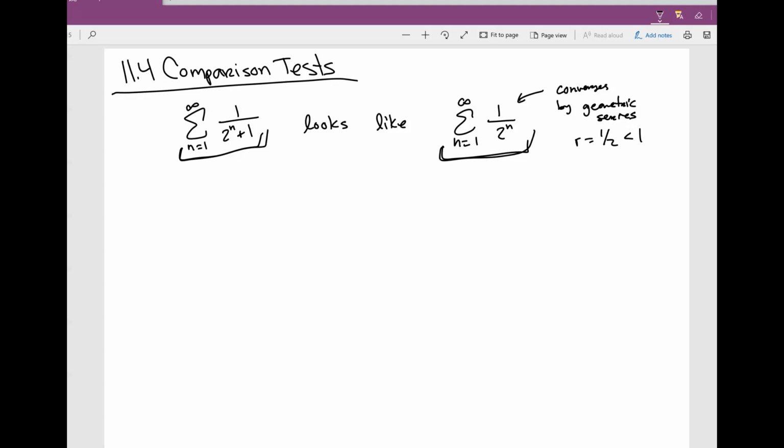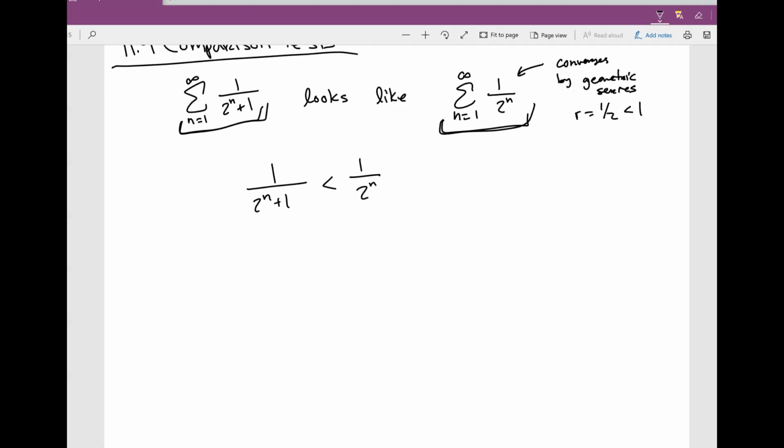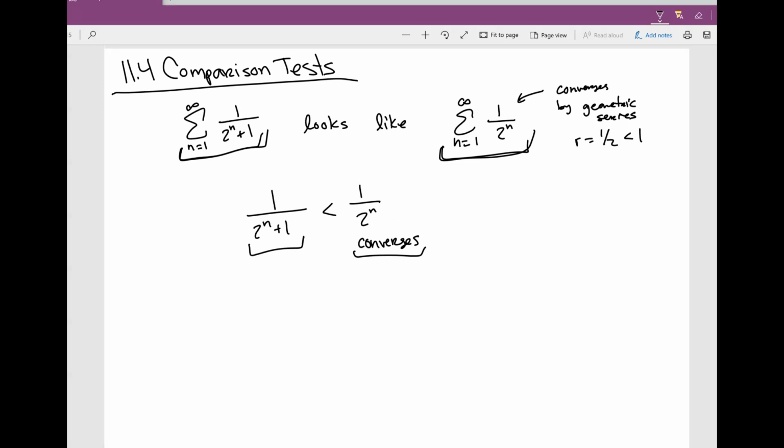So 1 over 2 to the n plus 1 is going to be smaller than 1 over 2 to the n, because I added a 1 on the denominator, which makes this whole fraction smaller. So if something bigger converges, then that must mean that this also converges. And that is the whole point of the comparison test.